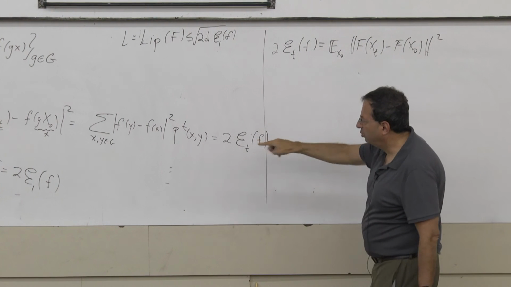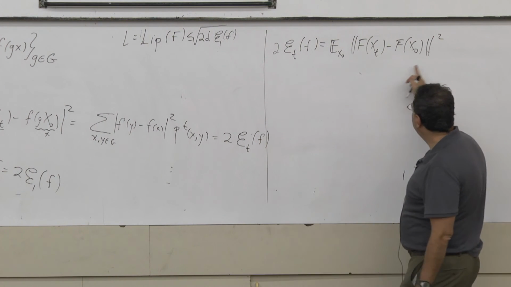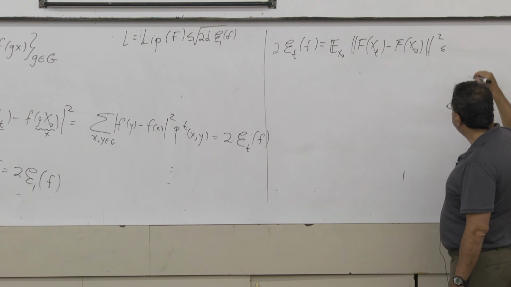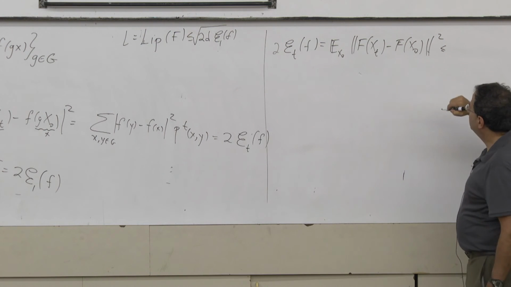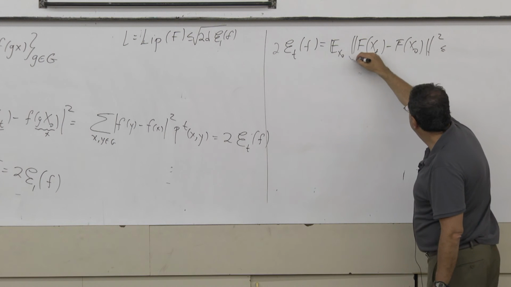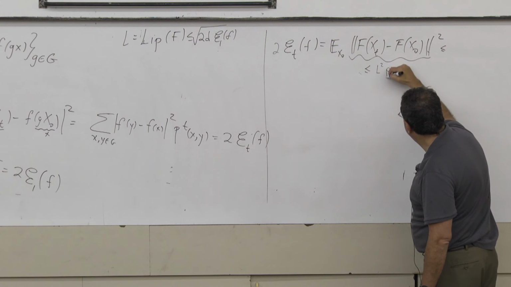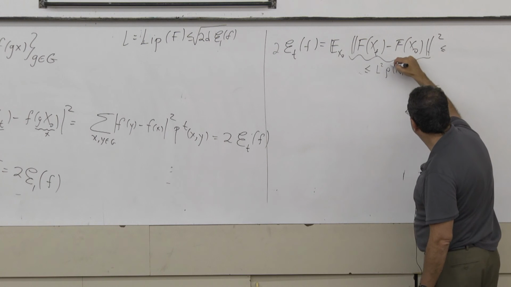So I just rewrote what we proved before. But now we want to use this fact on the Lipschitz constant. So this is bounded by this: this norm is at most L squared times the distance between x0 and xt squared.